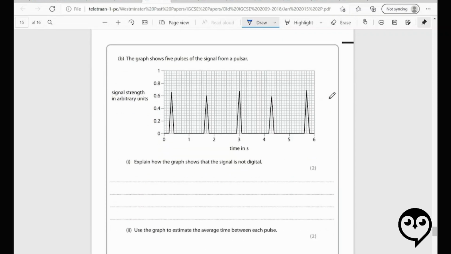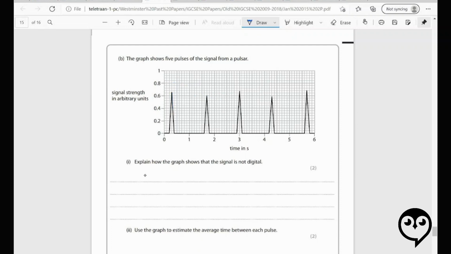We've got now again, here's a little graph. This is like a communications type deal where they like to do analog digital graphs and that sort of thing. So explain how the graph shows the signal is not digital. Well, you can see that it goes up and down, up and down. A digital graph would be either one level or another level, and it would have discontinuities.